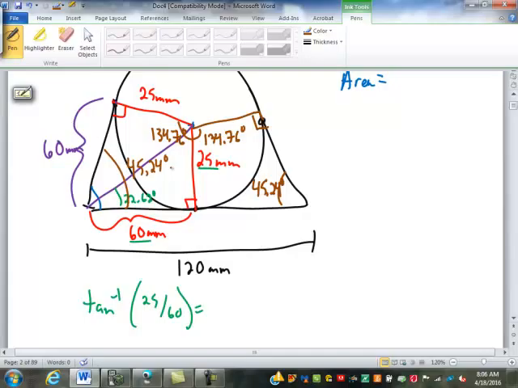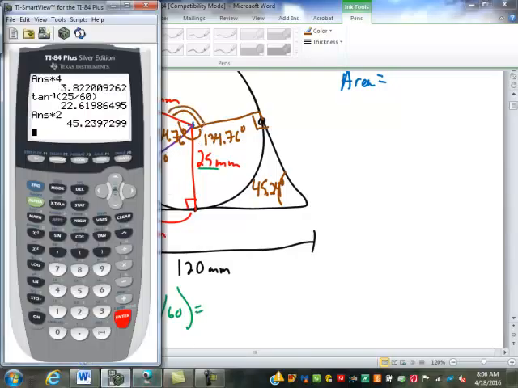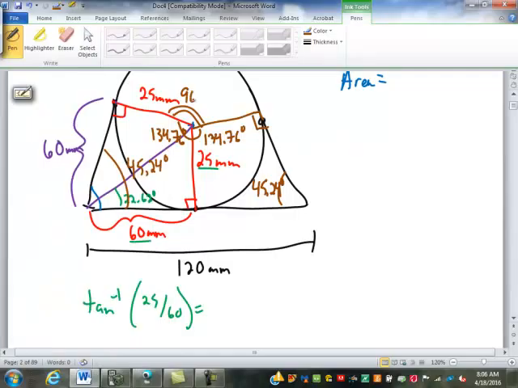Why is that important? Now we're in that angle up here, right? .48. Obviously not drawn to scale.